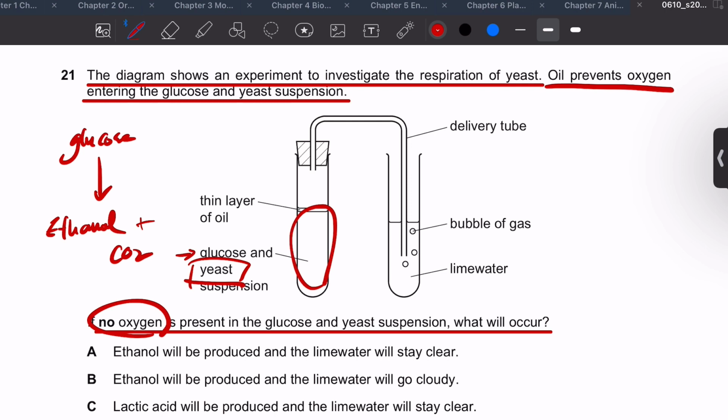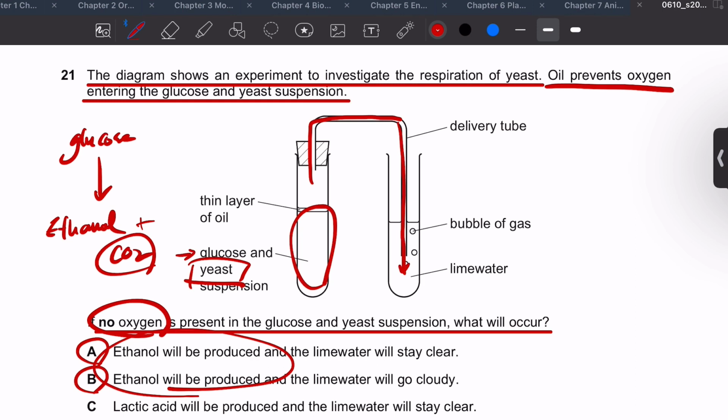So ethanol will be produced, yes. So it's either A or B. And it's also going to produce CO2, and when CO2 goes into the lime water to react with it, it will go cloudy. Okay? It will go cloudy.